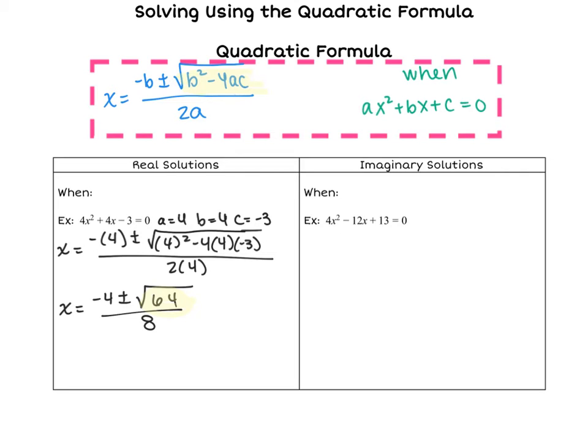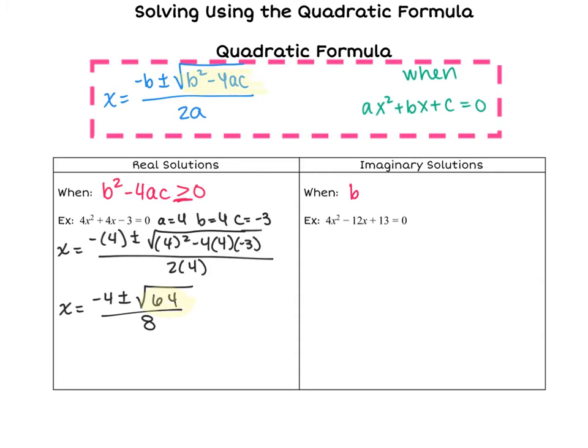One easy way to check if you're going to have two real or imaginary solutions is by simply calculating b squared minus 4ac, and if it's greater than 0, or really equal to 0, since the square root of 0 would just give us 0, we would have two real solutions.